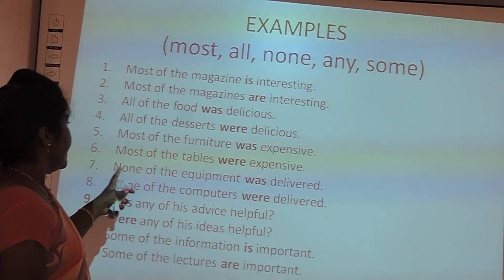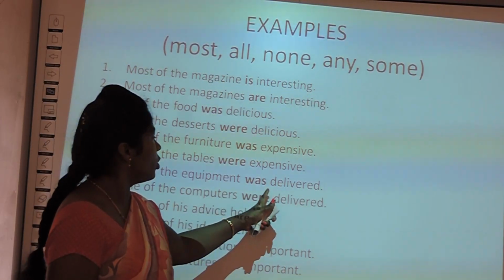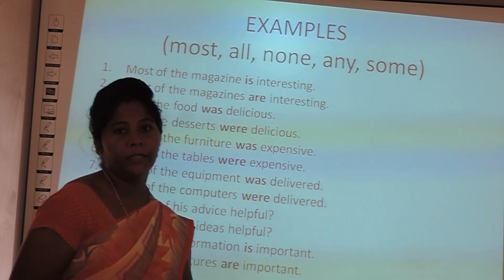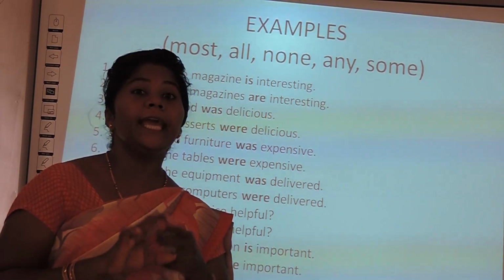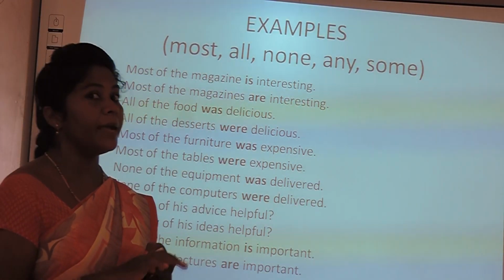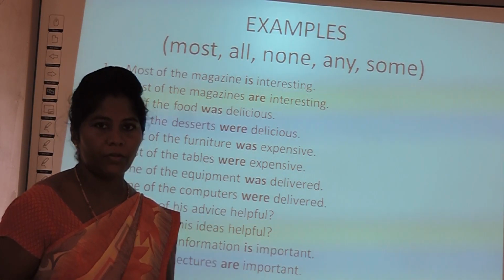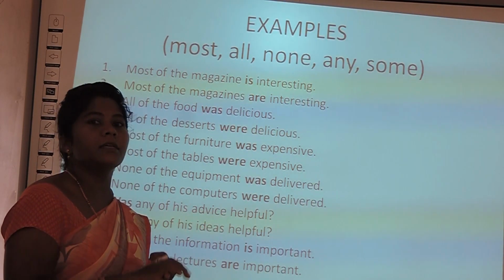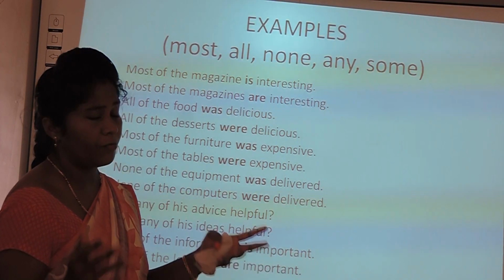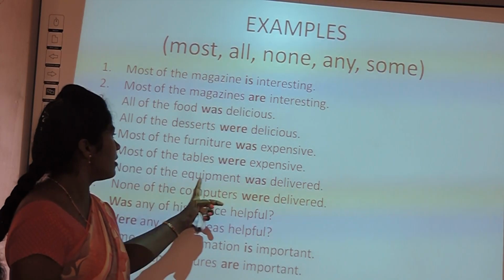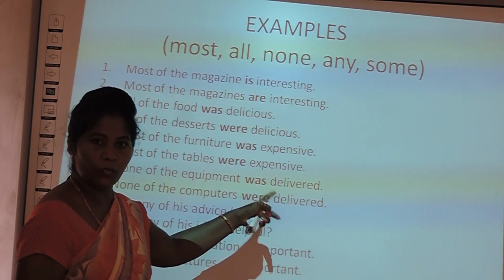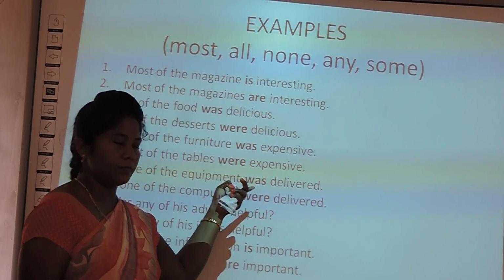Next, none of the equipment was delivered. Now, once again, equipment is an uncountable noun, and an uncountable noun is going to take a singular verb. Very clear. So, none of the equipment was delivered, was singular.